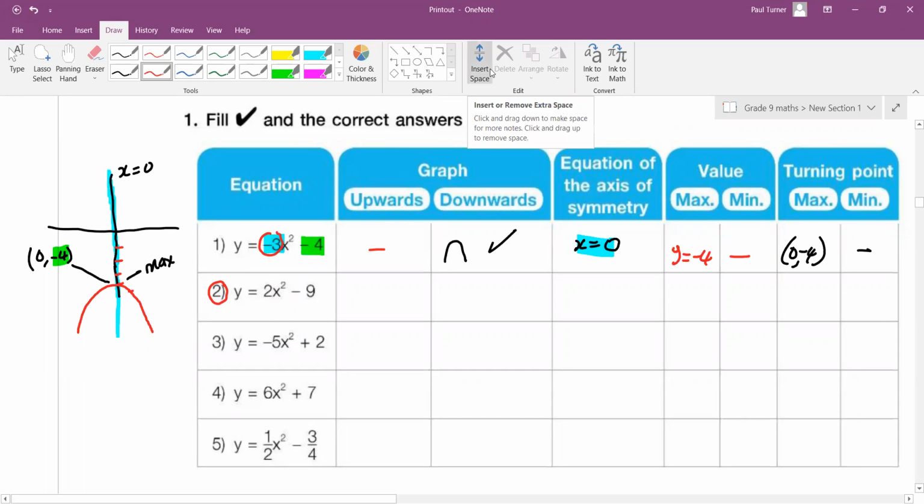So look at the a value, and then you'll know if it's going up or down. These graphs are all on the y-axis. They're not left or right yet. That was what we did yesterday, so that's a different section.